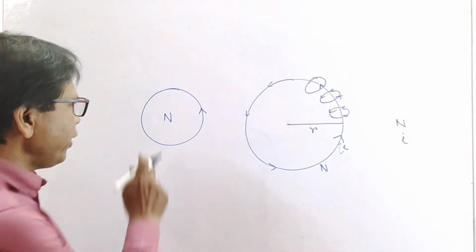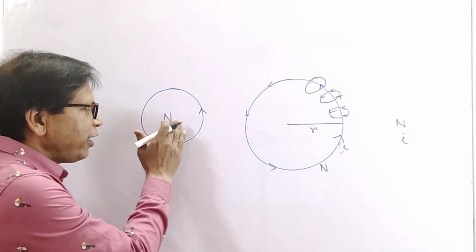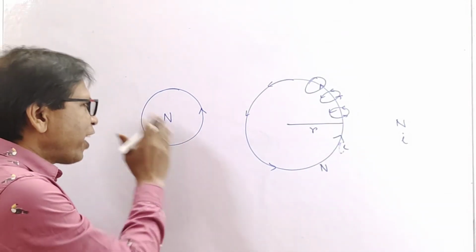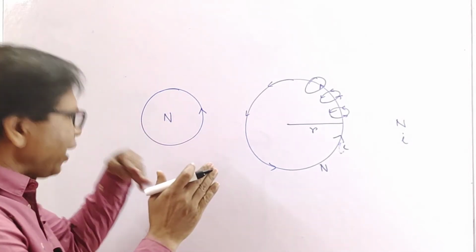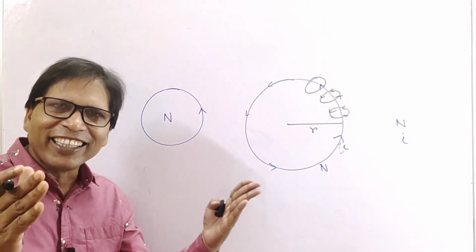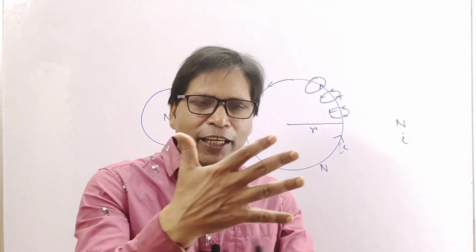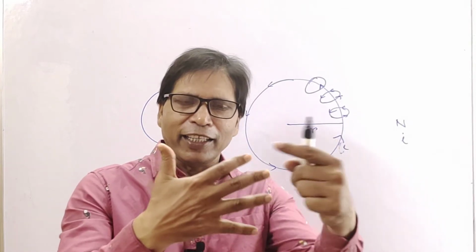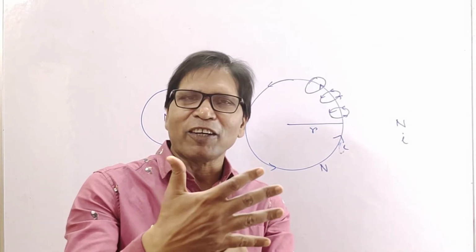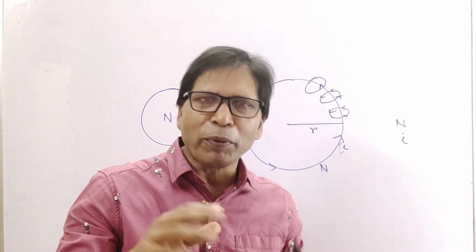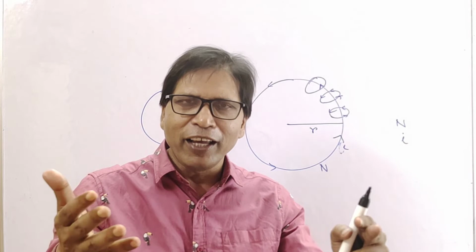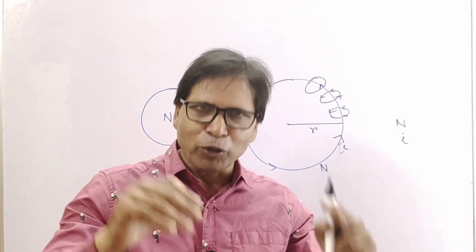If the current in this coil from this side is anti-clockwise, then current in the coil from the other side is clockwise. Look at this. Suppose this circular coil. If current through it is clockwise from this side, then from this side it is anti-clockwise. So one face of a circular coil is north pole and the other face is south pole.